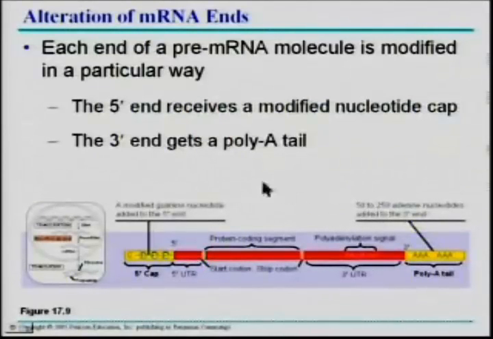These two modifications at the ends are thought to give the molecule stability so it doesn't degrade rapidly, and also to assist with getting permission to get out of the nucleus.